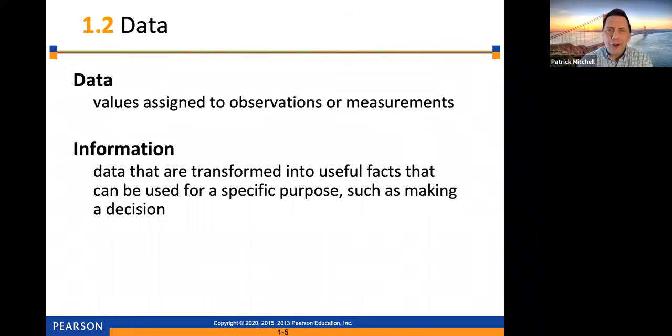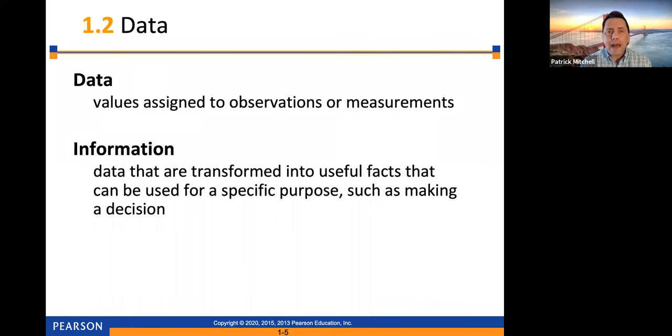All right, and we're already on to section 1.2 on data. So data are values assigned to observations or measurements. And I want to point out, people commonly think of data as referring to numbers. Data does not have to be numbers, all right?